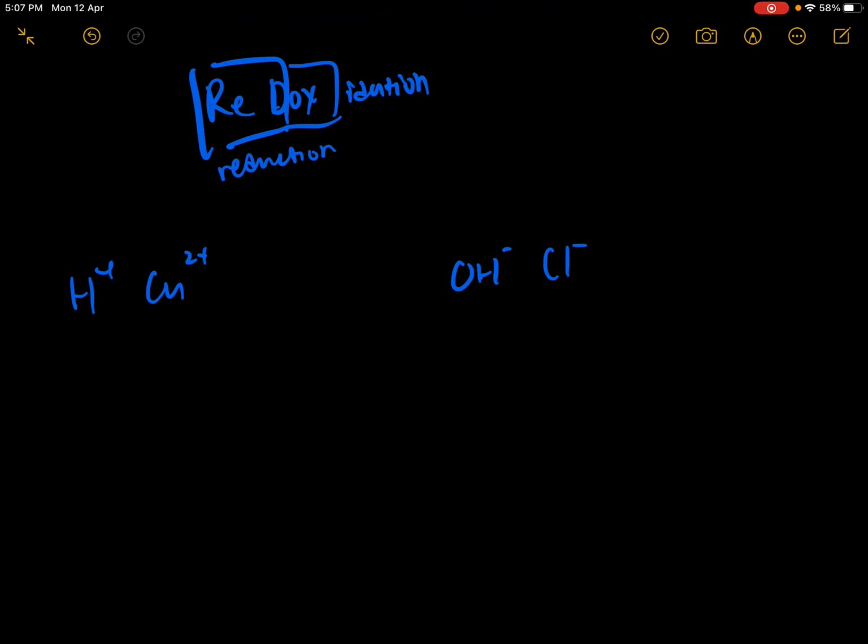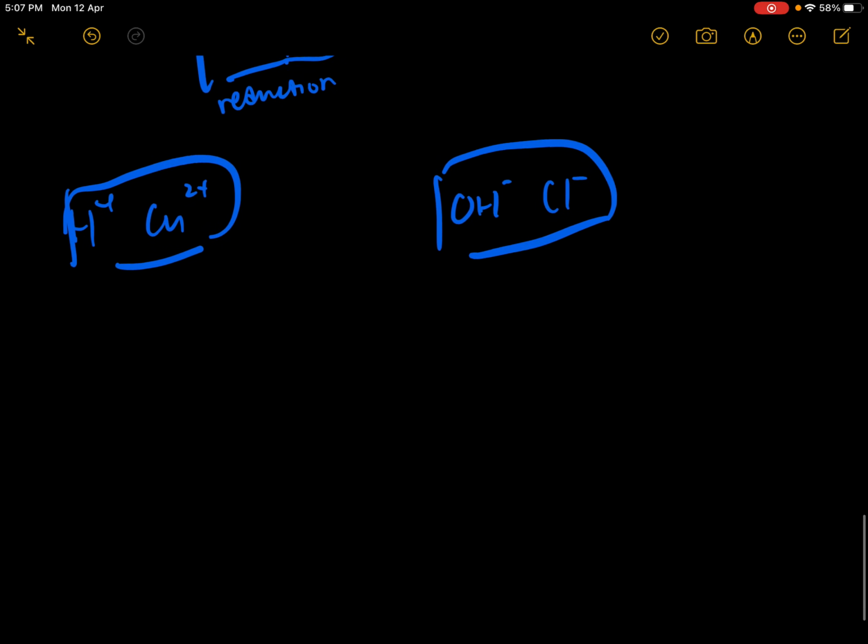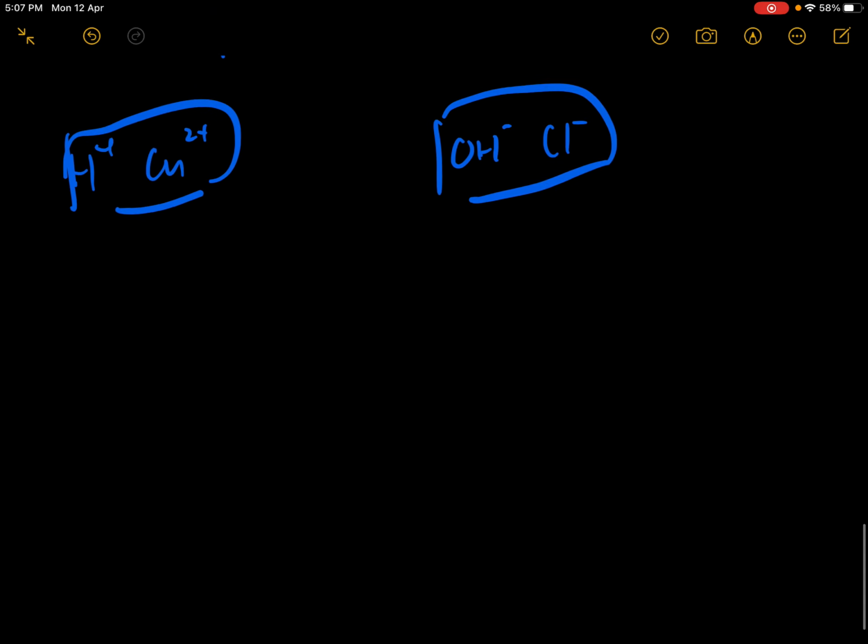Now's the hard part. Where do these go, and what comes out of this cell? That's what we're going to find out.